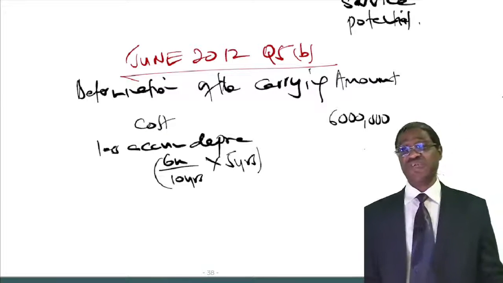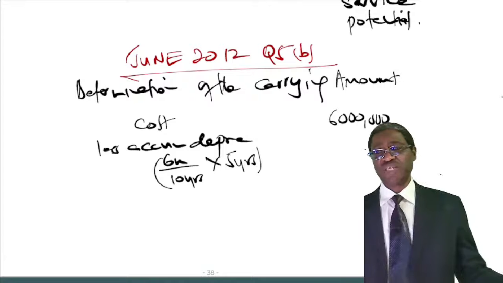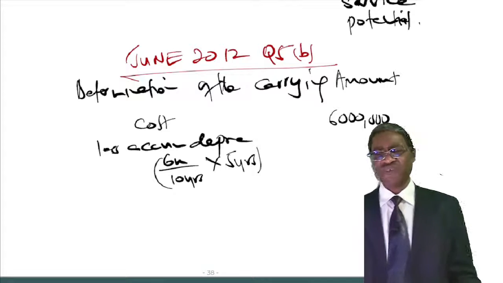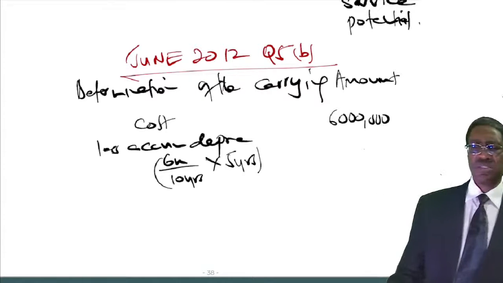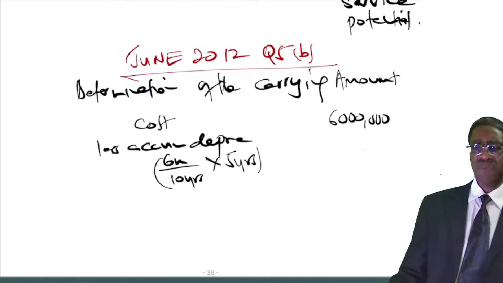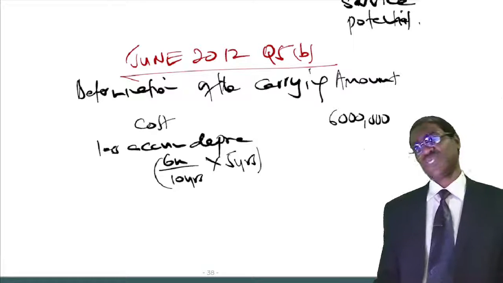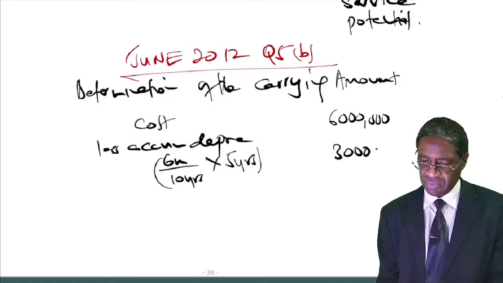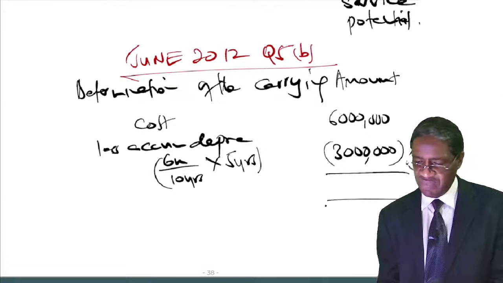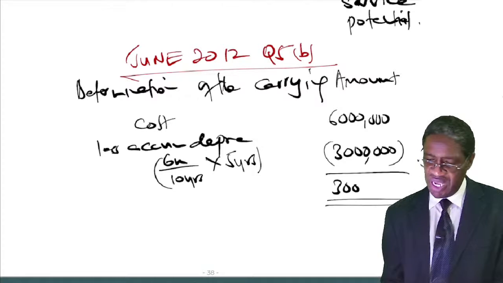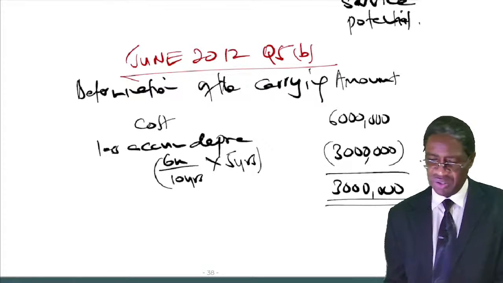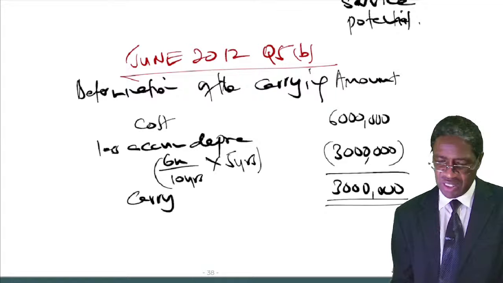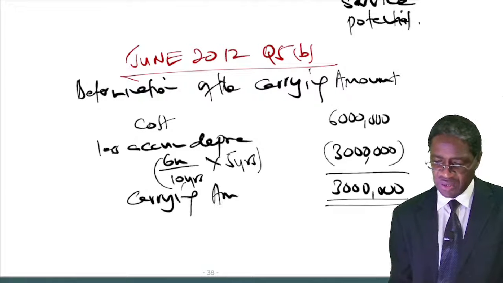Cumulatively, what is the accumulated depreciation? 5 over 10 is a half. Half of 6 million is exactly 3 million. So we have the carrying amount remaining of 3 million. That is the carrying amount.